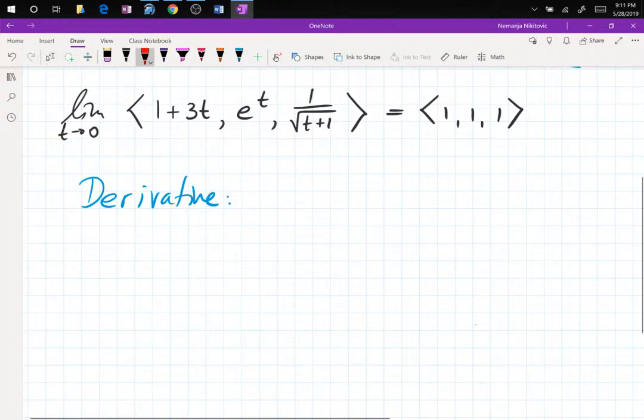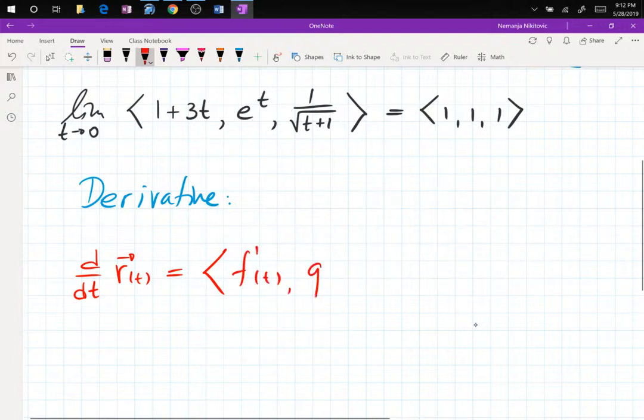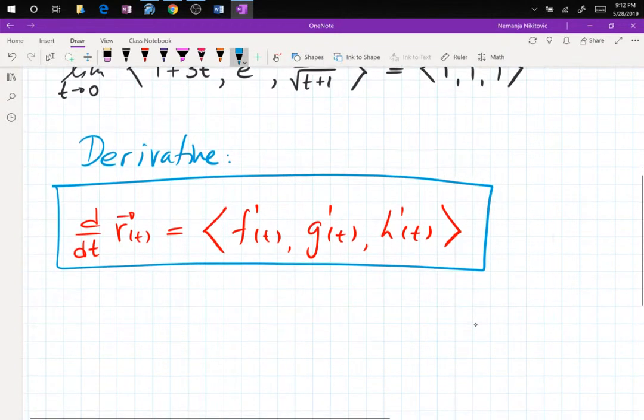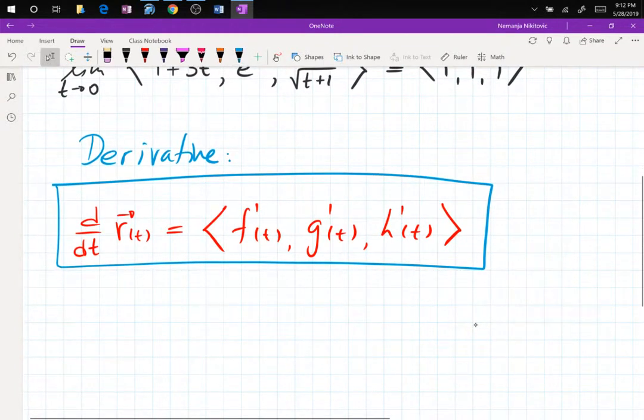We take the derivative with respect to t of r of t, and what we get is f prime of t, g prime of t, h prime of t. And we call this r prime of t. That will be the notation, r prime of t.